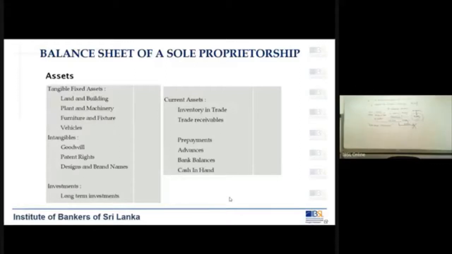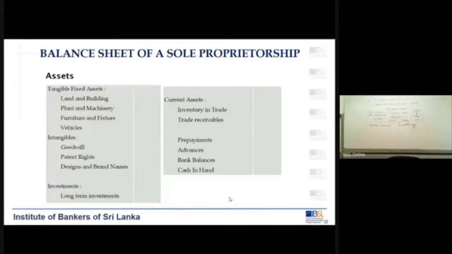Then we also have certain items appearing under current assets, like inventory in trade, that is the stocks, trade receivables, that is your debtors, prepayments, those are any advance payments that you have done, bank balances, that is your cash book, bank column, and also cash in hand. Cash in hand means the amount of cash that you have in your hand or in your vault with you.